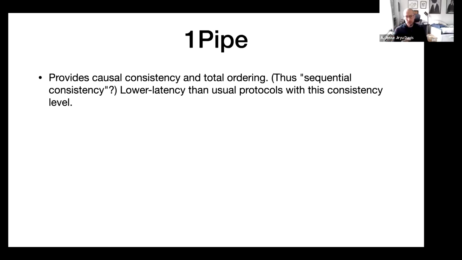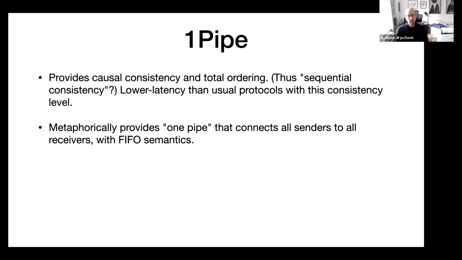Anyway, they do provide these two guarantees, and they do it with much, much lower latency than the usual protocols we would see that achieve this consistency level. It's called this because it metaphorically provides one pipe which connects all senders to all receivers with first in, first out semantics.